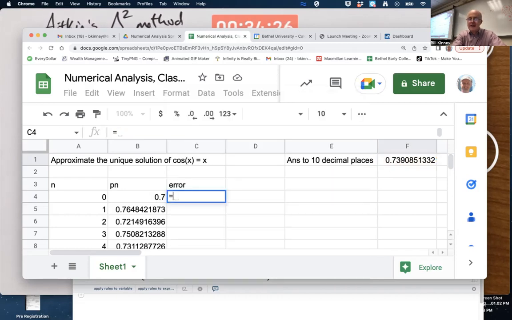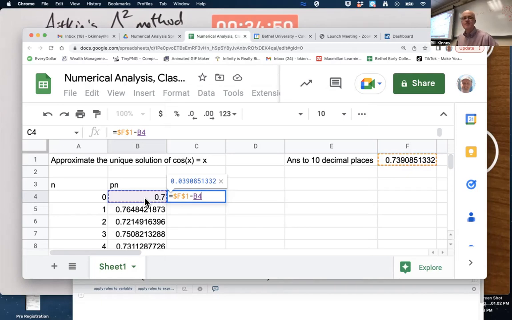Although if I'm going to copy and paste this, I'll need to use my dollar signs to keep the cell reference fixed. I think most of you know about all this kind of spreadsheet stuff. No? The dollar signs there around the F keep that cell reference fixed as I copy and paste the formula downward. Okay, spreadsheet use will not be required on the exam, so I will re-emphasize these things after spring break.